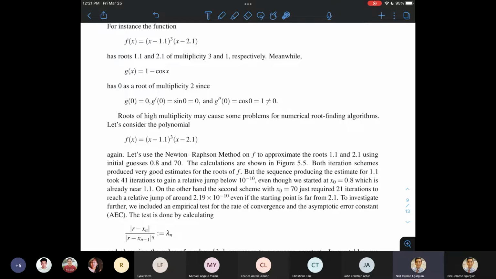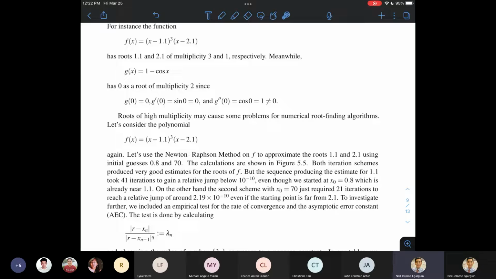I-determine ko kung anong multiplicity meron siya. Well, of course, I plug in 0. I know that is already 0 because it's going to be 1 minus cosine 0. That's 0. Tapos i-check ko ngayon, ano yung g prime? Yung first derivative ba magzi-zero rin? The answer is yes, because the first derivative is just sine, plug in 0, so you'll get 0 back.